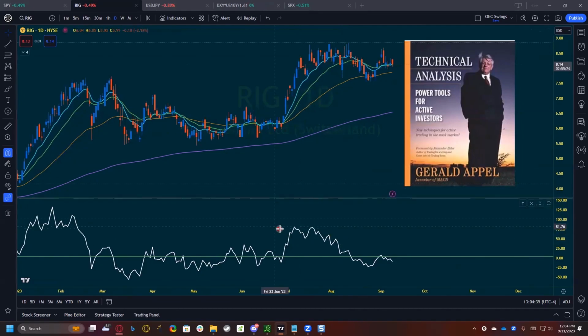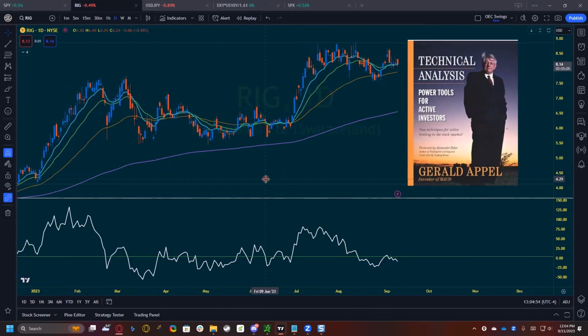If we line up where these crossovers are, you can see a really great move here on a crossover. We had a couple of false starts right here and here. I randomly picked RIG because it was something I was already looking at, but we're going to look at other things too. You can use this also for scanning and for filtering, right?